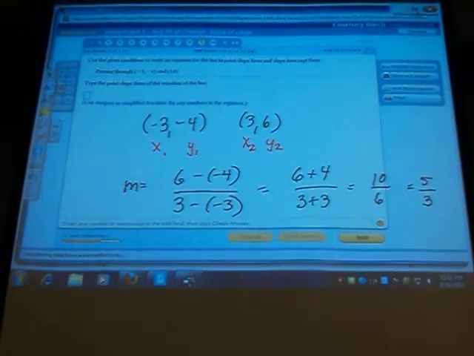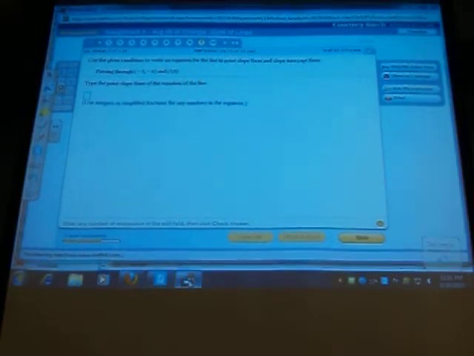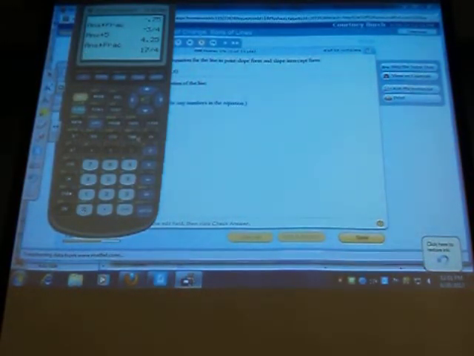So if I had 10 over 6 and I wasn't sure how to reduce that, just punch in the fraction and hit enter. It'll change it to a decimal. Then the trick is that when you change it back to a fraction, it'll automatically put it in lowest terms.